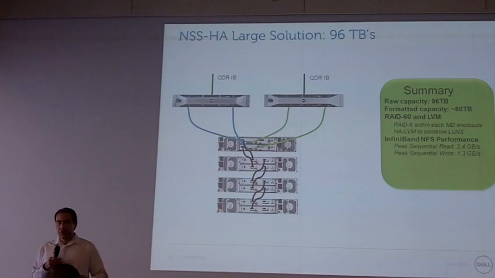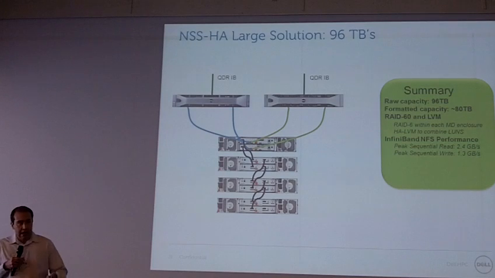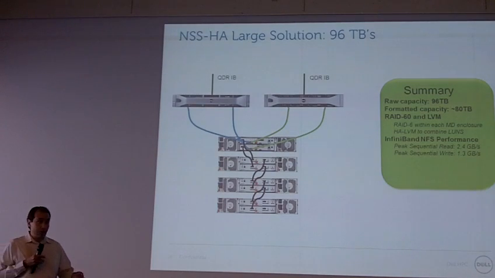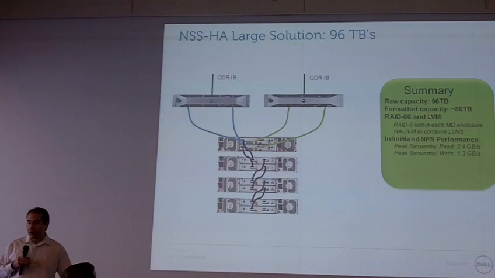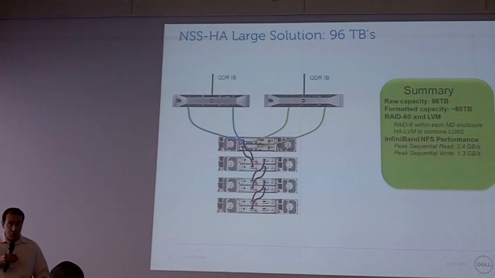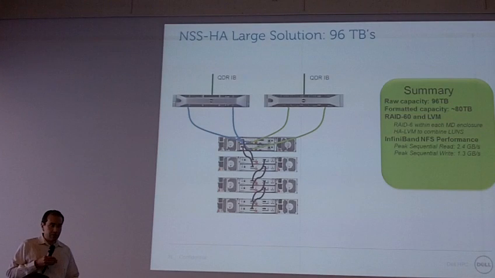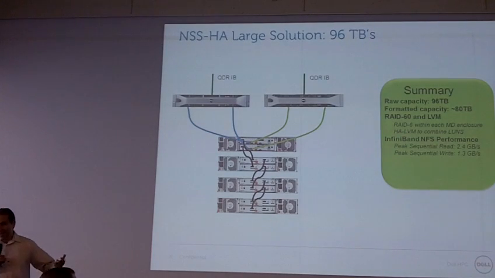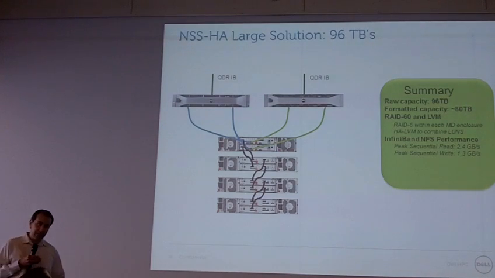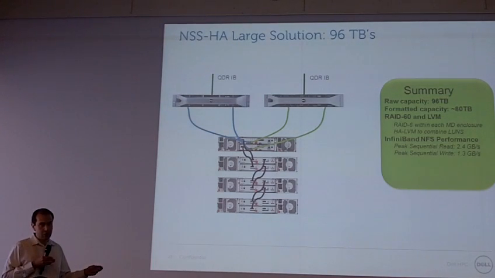I also wanted to give you a snapshot of what's coming up next. One of the first questions that pops into people's mind is, well, these configurations are good, the sequential I/O numbers look very good, but I have a single NFS server and I'm not very comfortable with that. What's going to happen if my NFS server fails? So for the next version of this white paper, we're doing a study with 2 NFS servers.